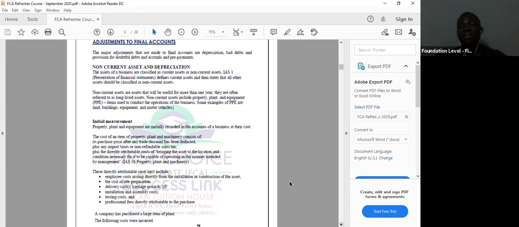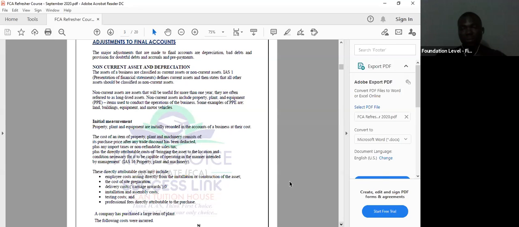If there's any professional fee, if the vehicle is not in good shape and I need to call some engineers to work on it, the cost of the engineers will also be added to it. So far, I've not used the asset at all.